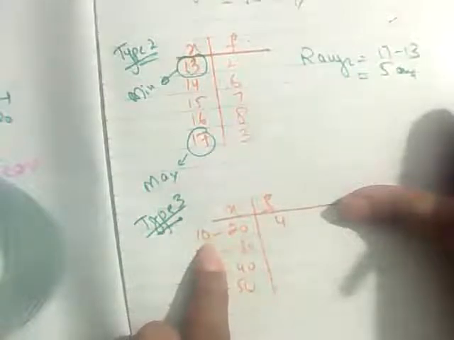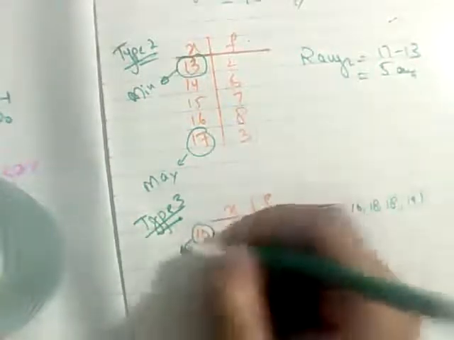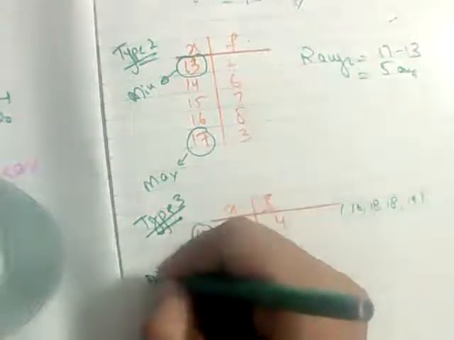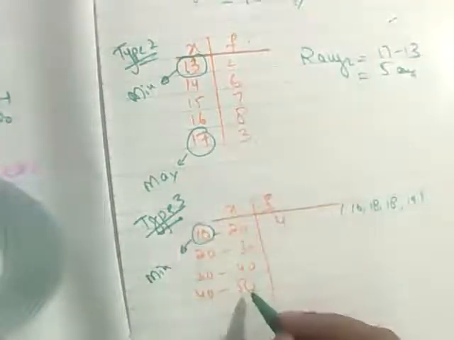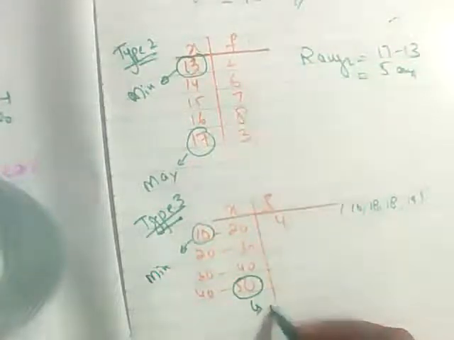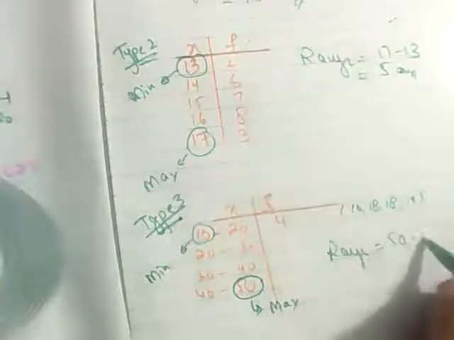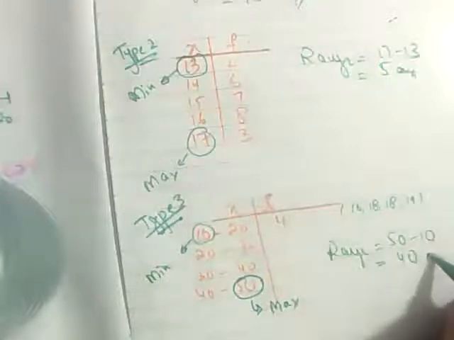Am I right? So to make things easy, I will say this is the least value, and the maximum possible value, we don't know whether it's actually the maximum or not, but this is the maximum possible value. So again, range over here is going to be 50 minus 10, which is 40.